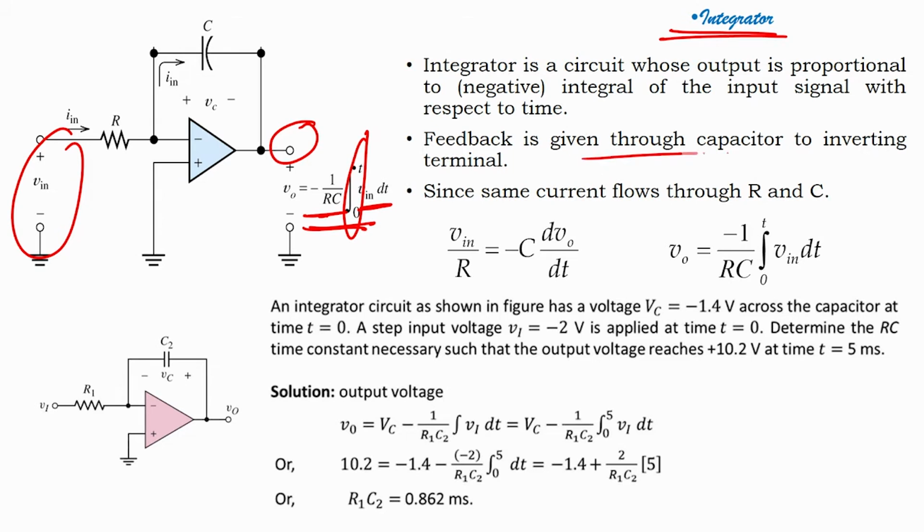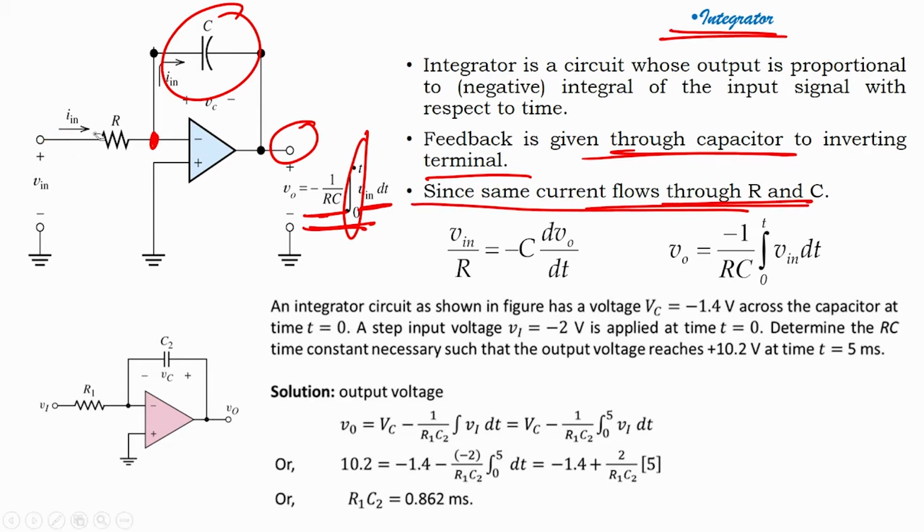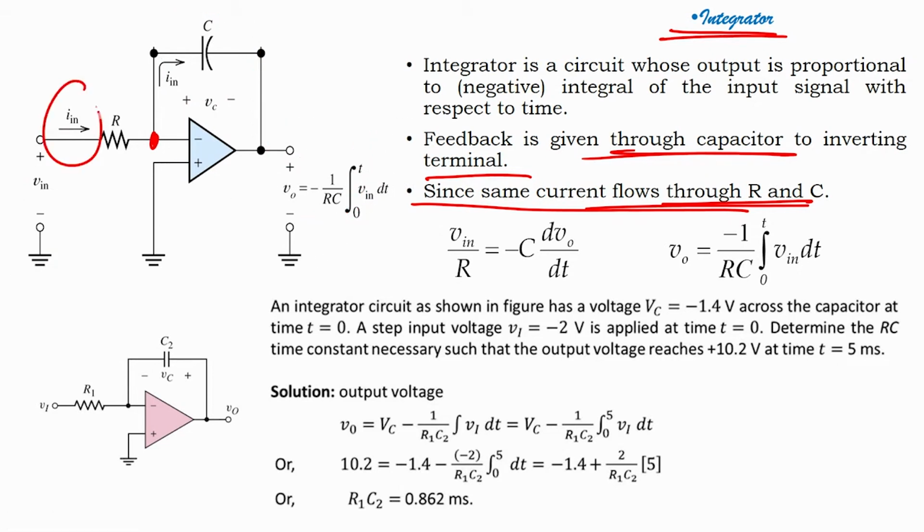Feedback is given through the capacitor to the inverting terminal. Now, since the same current flows through R and C, you see here the current I1 flows through R and the same current goes through C.